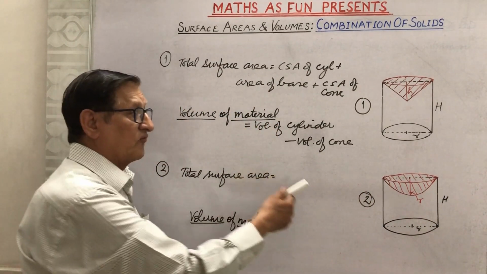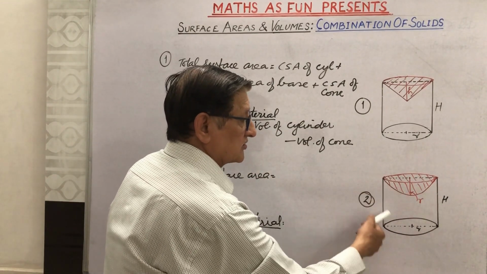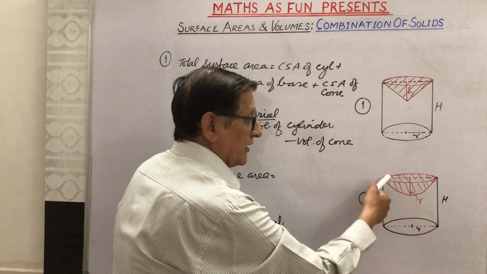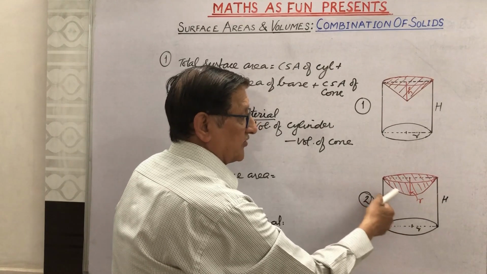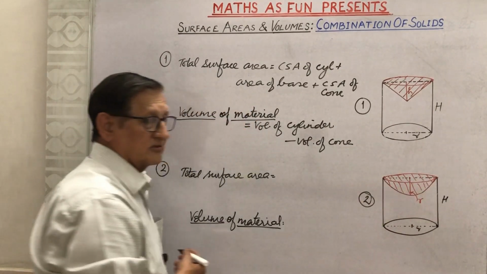Now suppose from a solid cylinder a hemispherical part is cut out or scooped out. Then the same way we will find out the total surface area of this by adding the curved surface area of cylinder plus the area of the base and the curved surface area of the hemispherical part. This will be a surface.